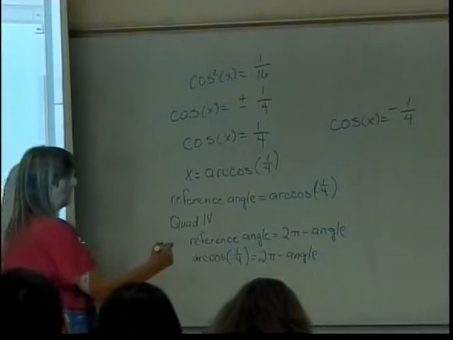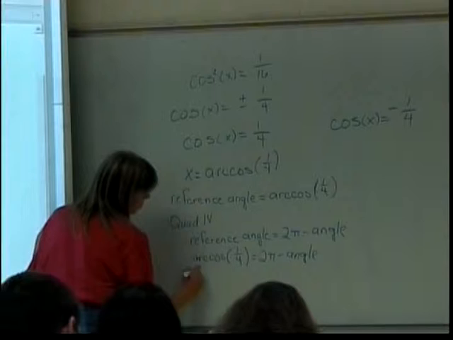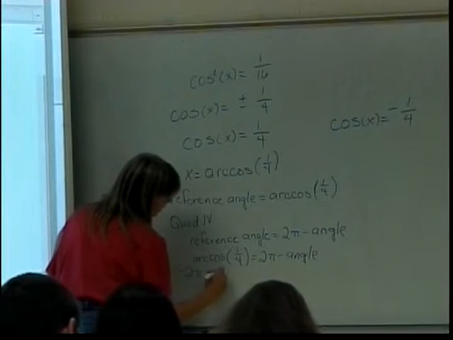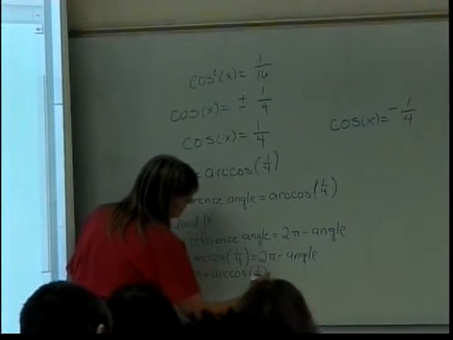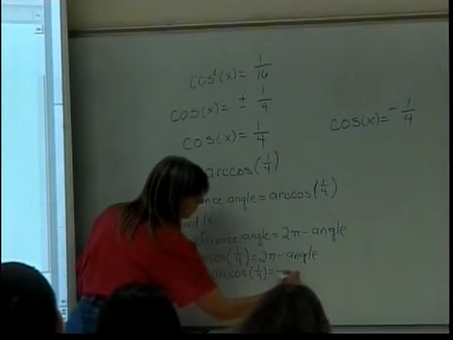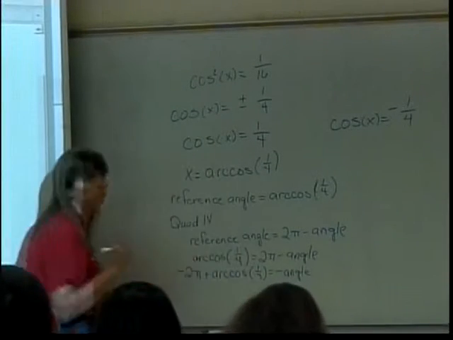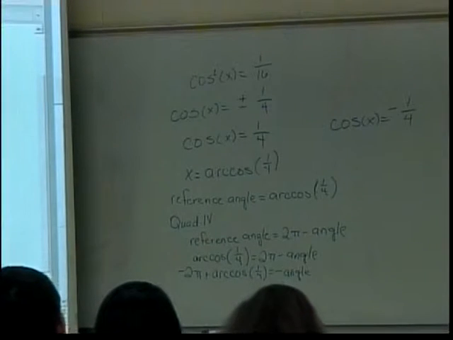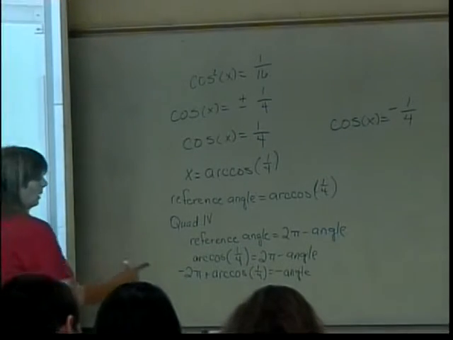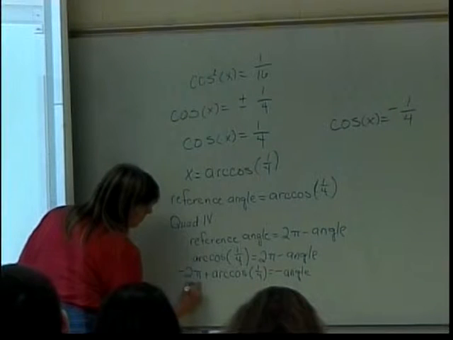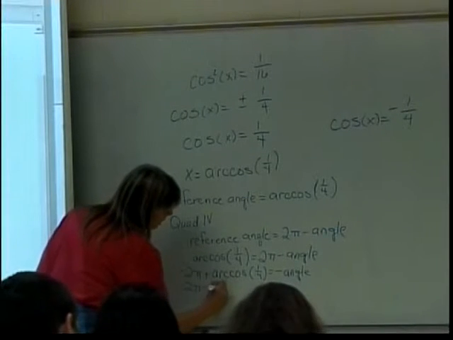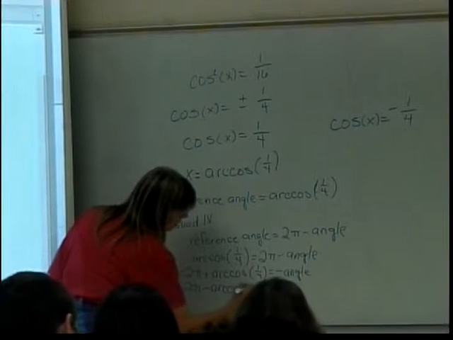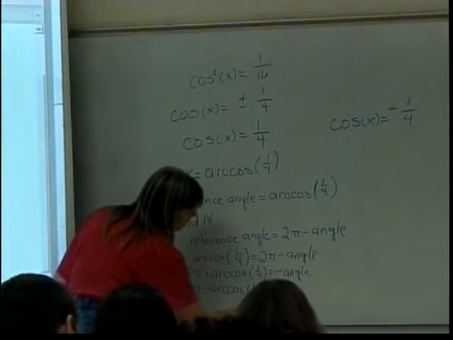Move 2 pi over. I can do that by subtracting. So I'll have minus 2 pi plus the arc cosine of 1/4 is equal to negative of the angle. And then what? Multiply both sides by a negative. The minus 2 pi becomes a positive 2 pi, and the arc cosine of 1/4 becomes minus arc cosine of 1/4, and that is the angle.